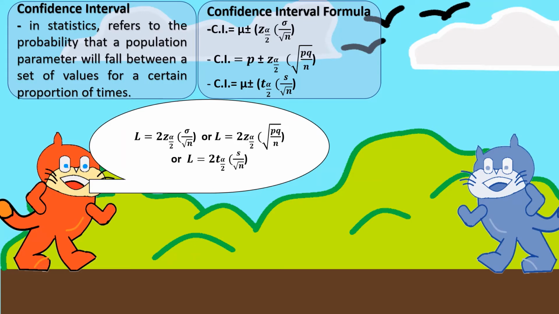Or we can have L, the length of our interval, equal to 2 times the critical value of z multiplied to the square root of P and Q all over the sample size. Or the length L is equal to 2 times the critical value of 2 tail t times the sample standard deviation divided by the square root of the sample size.